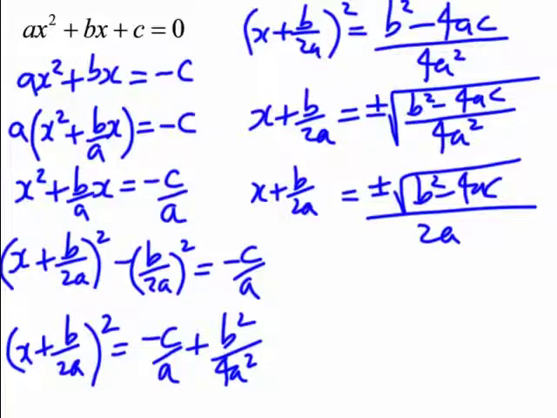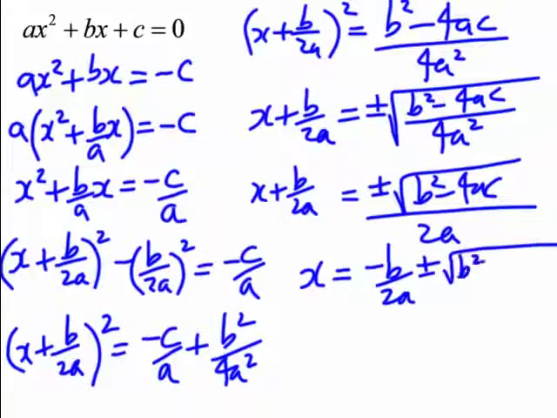Now I move the plus b on 2a across, and that becomes a minus, so we end up getting x equals minus b on 2a, plus or minus the square root of b squared minus 4ac, that's still over 2a.